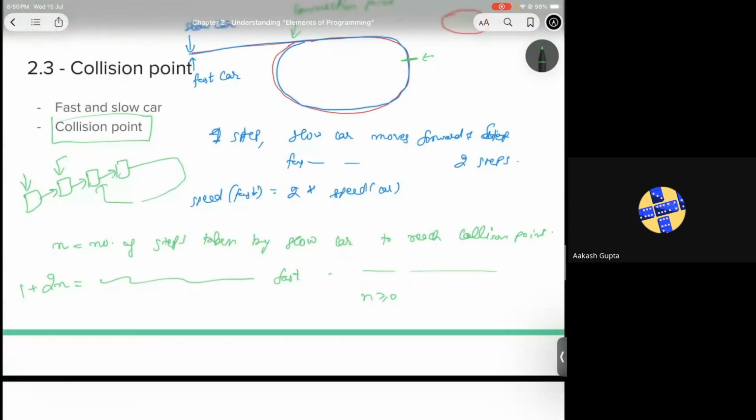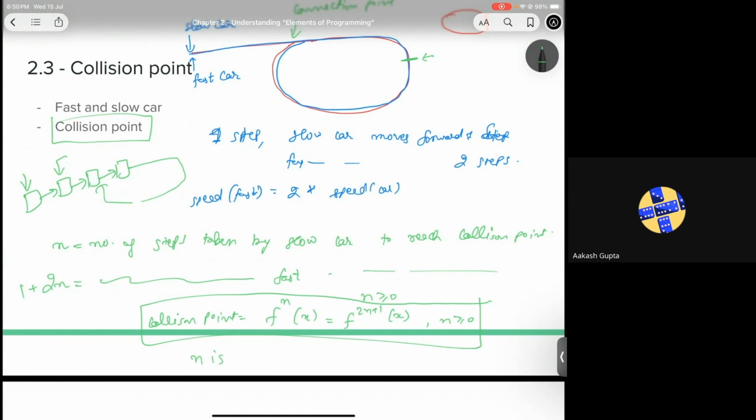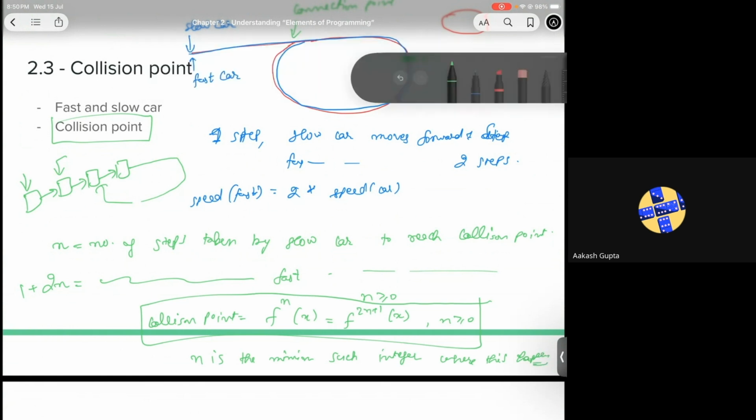So if we have such a condition, then we know that the collision point is nothing but the nth application on x, which is the same as the (2n+1)th application on x, where n is greater than or equal to 0. This is our definition for the collision point. And n is the minimum such integer or natural number where this happens. Okay, this is our definition of what a collision point is.